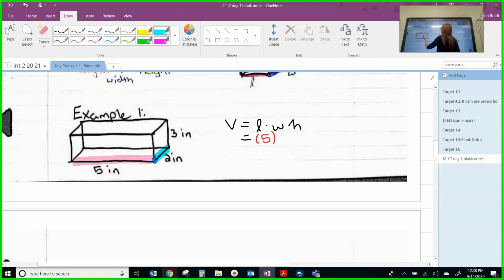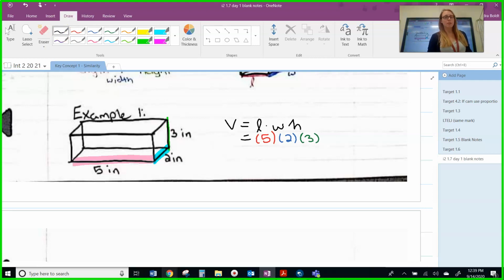Our width is here, so that's 2. And our height is here, so that's 3.